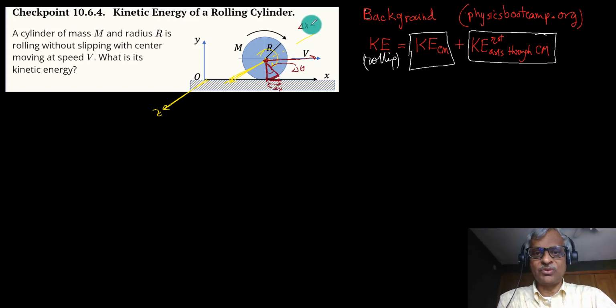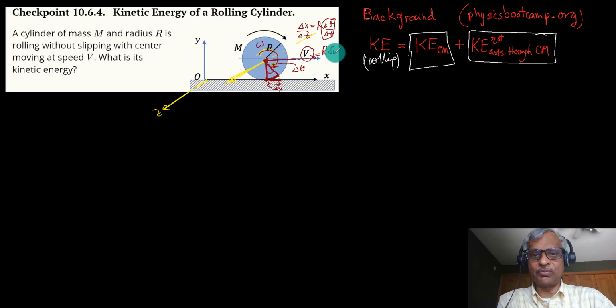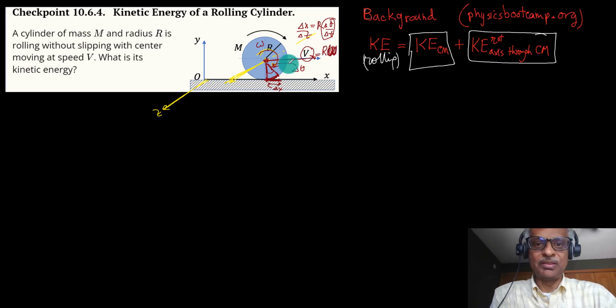Delta x equals this arc length, r delta theta, and in time delta t, you can see there is a relation between this velocity v and the angular velocity. If the angular velocity is omega, then v equals r times omega.